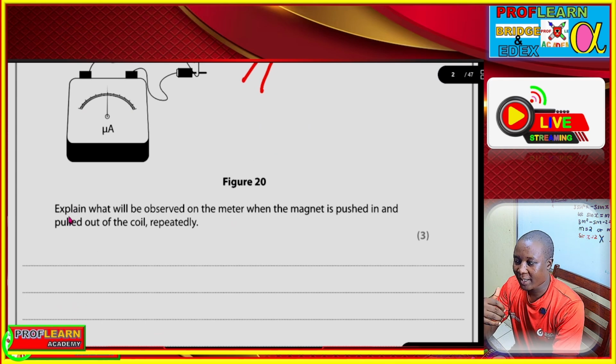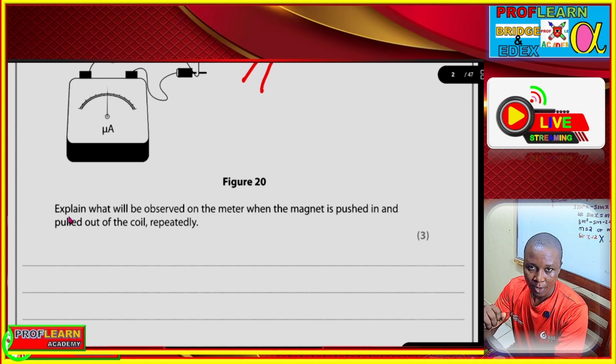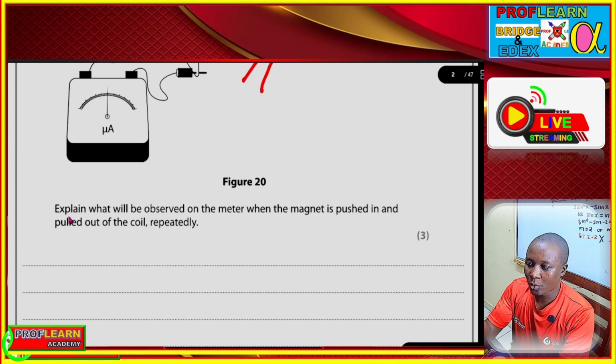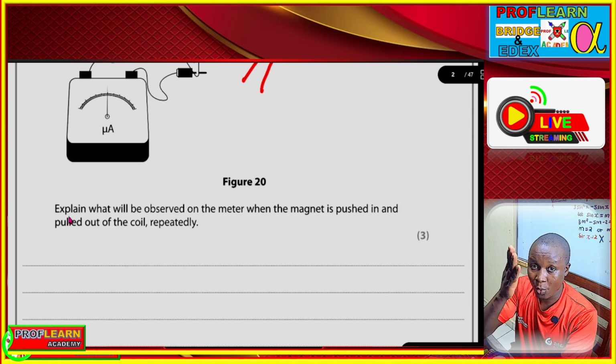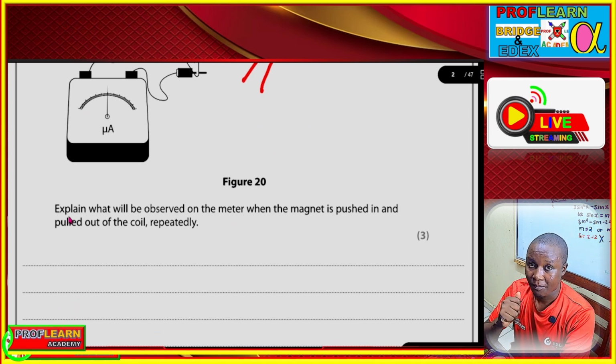And when magnetic fields cut through the coil, an EMF, or a potential difference, is induced in the coil through electromagnetic induction. So something that we really need to take from this live today is that whenever a magnetic field cuts through a conductor, an EMF is induced in that particular conductor where the magnetic field is cutting, right? And when that happens, a current flows.